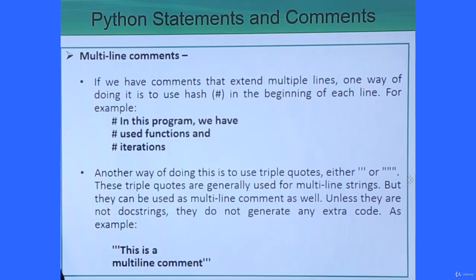Here you see a multi-line comment. I can have multiple lines, but the first line is preceded by thrice single quotes, and the last line has thrice single quotes at the end. We can also use double quotes in place of single quotes, but in both cases we use them three times. That is the way to write a multi-line comment.